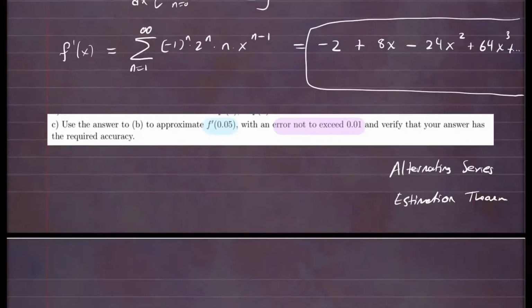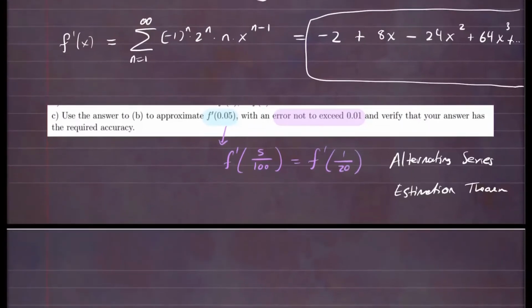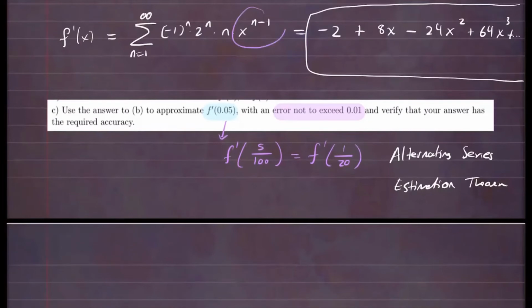So let's go ahead and plug in 0.05 into our derivative. So I'm going to convert this to a fraction because it's easier. So this is the same thing as looking at the derivative at 5 over 100, which is equivalent to saying this is the derivative at 1 over 20. So let's go ahead and plug in 1 over 20 into every x. You can plug it in here into the formula and write out the few terms, or you can just plug it in here.